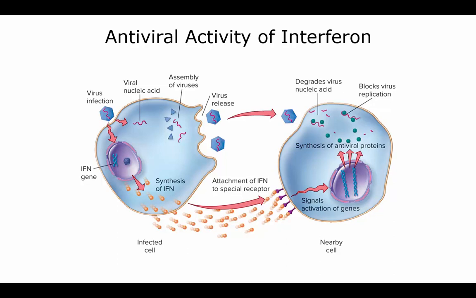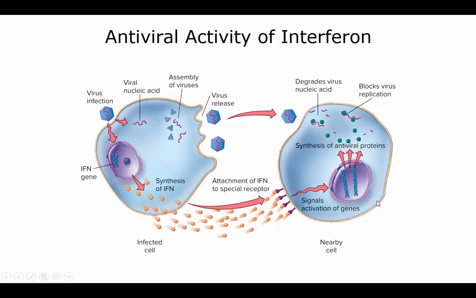This graphic is showing the antiviral activity of interferon. When the cell is infected by the virus, the nucleus will transcribe and translate the interferon gene, and then it diffuses out of the cell and it binds to the interferon receptors on the nearby infected cells.